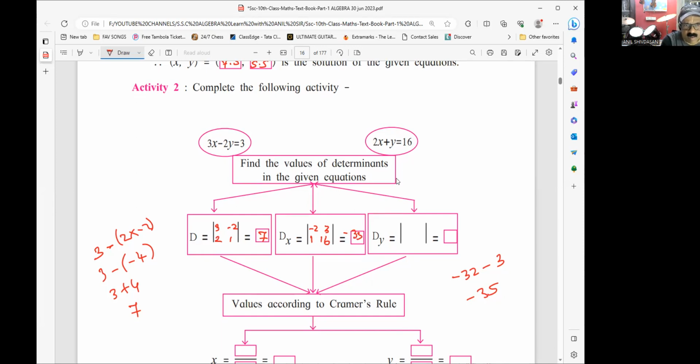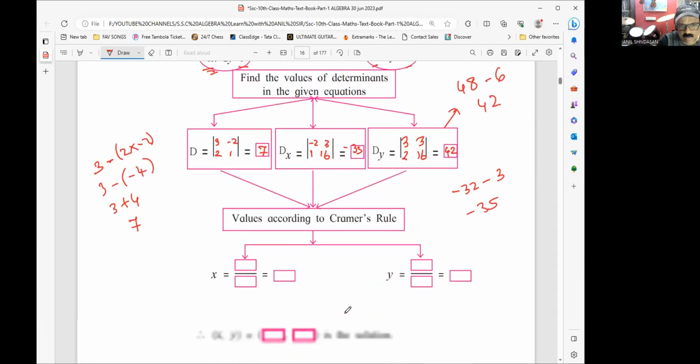For Dy you select the coefficient of x, which is 3 and 2, and then 3 and 16. So what do you get here? 16 times 3 is 48, minus 3 times 2 is 6. So you get 42. So here we have Dy is 42.